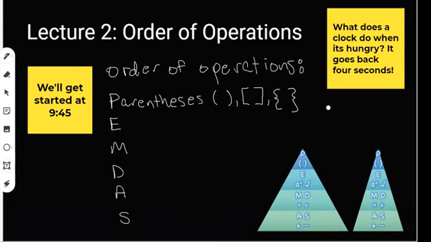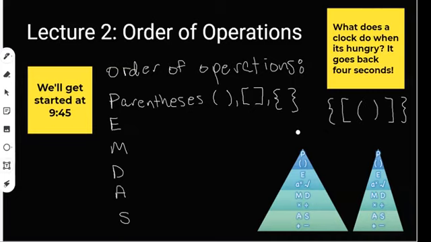Typically you'll have a set of braces, then straight brackets inside there, and then inside the brackets, the regular parentheses. So that's generally the order in which they go. And you're typically going to be doing these first because the order of operations starts off with parentheses and then goes down from there.